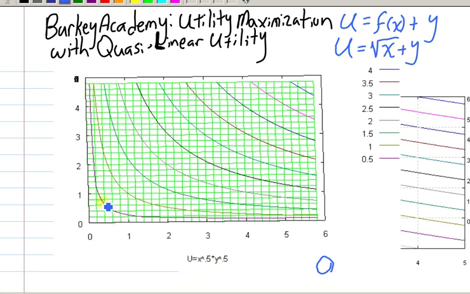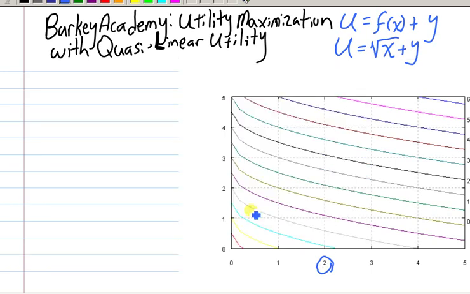They just indefinitely get closer and closer to the axes, but they never actually touch. So with a Cobb-Douglas utility function, there's never going to be a solution where you buy all y and no x, or all x and no y. Even if, say, the price of x is $1 million, you're still going to buy a tiny bit of x, because these indifference curves never touch the x or y axis.